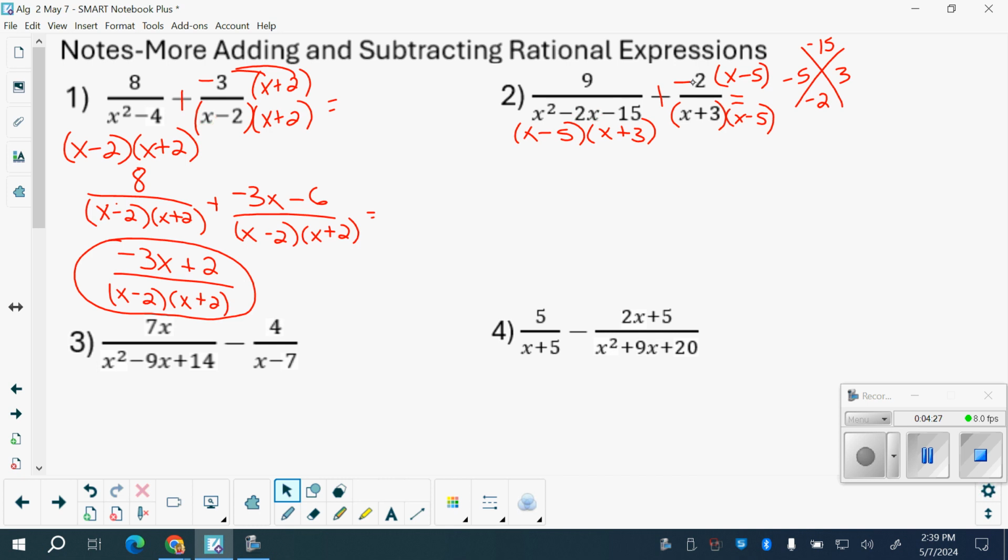You don't have to, just make sure you distribute that negative 2 there. So when you distribute the negative 2, what do we get when we distribute that negative 2? Negative 2x plus 10.